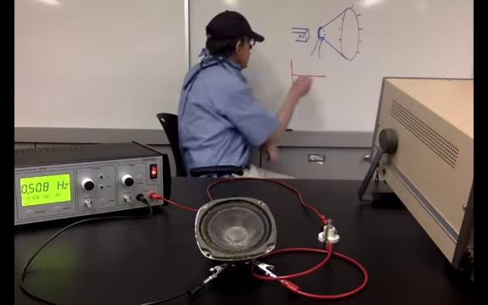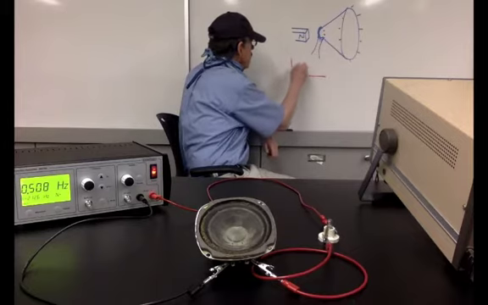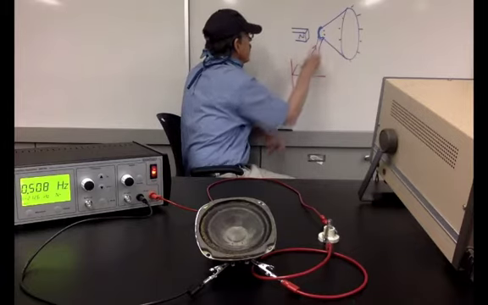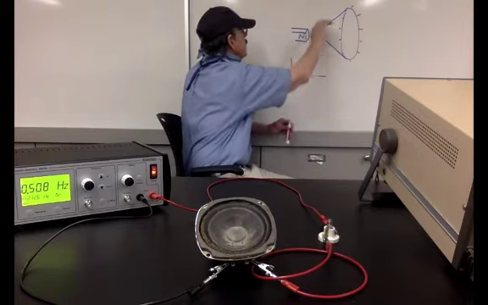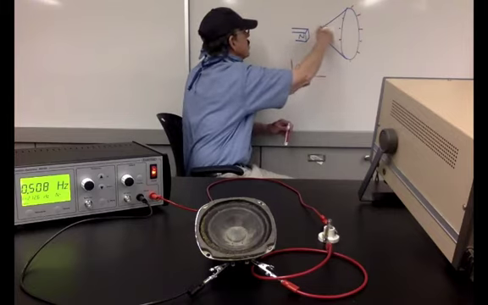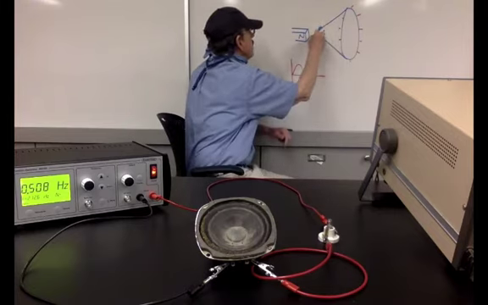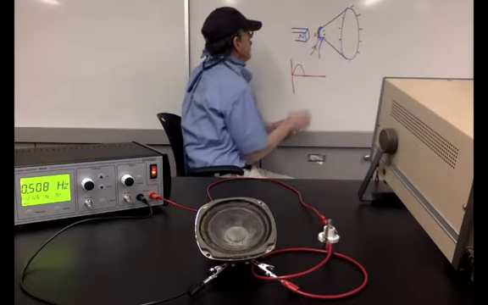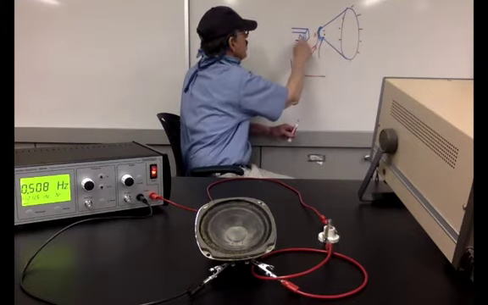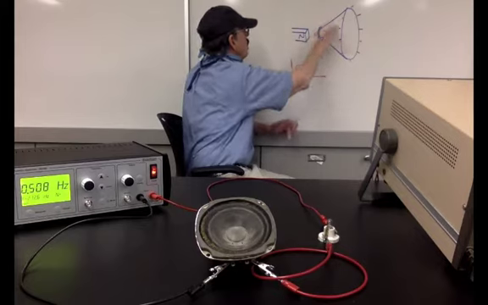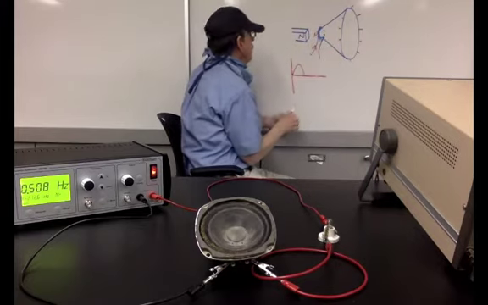The whole idea is that when the current comes in, going in one particular direction, it generates a magnetic field as the current goes through the coil, and maybe makes this a north pole. And when that happens, this north pole is repulsed by this north pole, and the cone flexes outward.